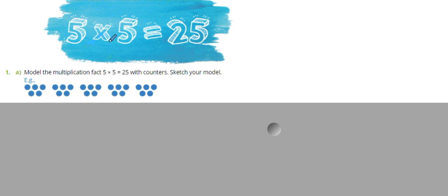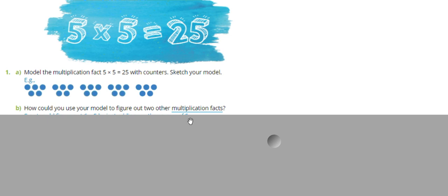So we've got 5 times 5 equals 25 because you can see there are 5 groups. Each group has 5 in it. So that's the model. You could have put them in a straight row. It doesn't matter. Okay. How could you use your model to figure out 2 other multiplication facts?